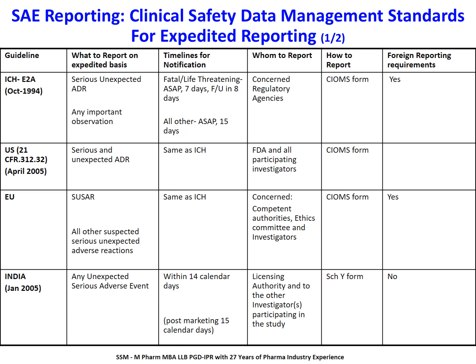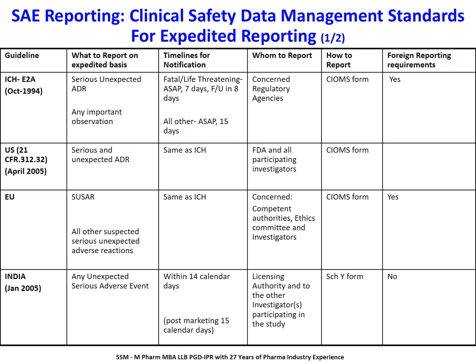In the case of the US, the regulation is 21 CFR 312.32, which requires serious and unexpected adverse drug reactions to be reported to regulatory authorities as per the ICH guideline given above. If it is fatal or life threatening, then within 7 days, and if it is not fatal or life threatening, then within 15 days.